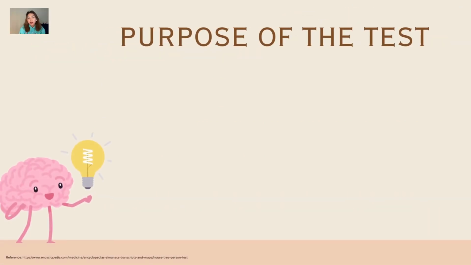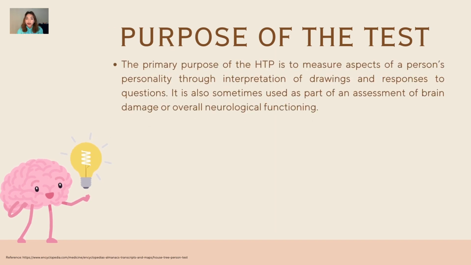So, the purpose of the test. The primary purpose of the HTP, or the House Tree Person, is to measure aspects of a person's personality through interpretations of drawings and responses to questions. It is also sometimes used as part of an assessment of brain damage or overall neurological functioning.